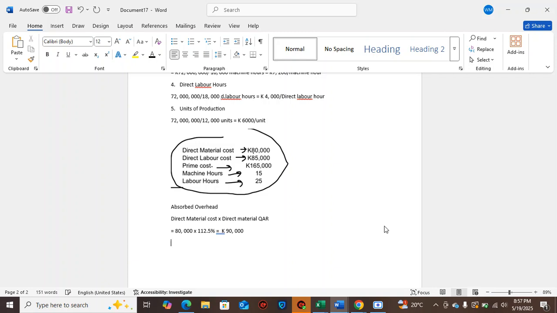So for direct labor cost times the direct labor OAR, our direct labor cost is 85,000.